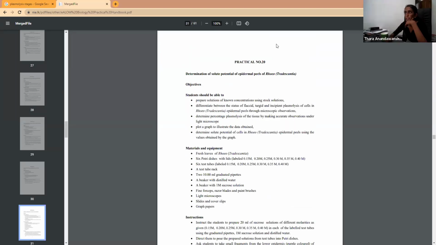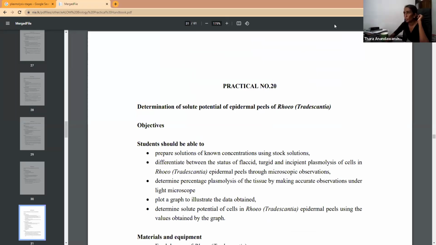Right. So we will be discussing this practical today: Determination of solute potential of epidermal peels of Rhoeo or Tradescantia. So that is the scientific name here. Write down the topic, everyone. Rhoeo is the scientific name.